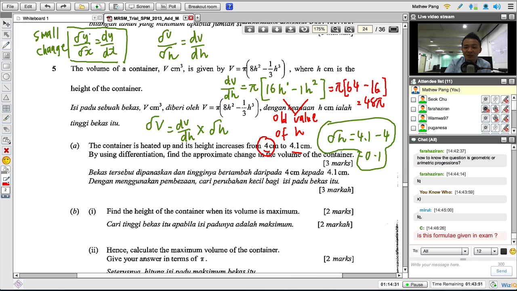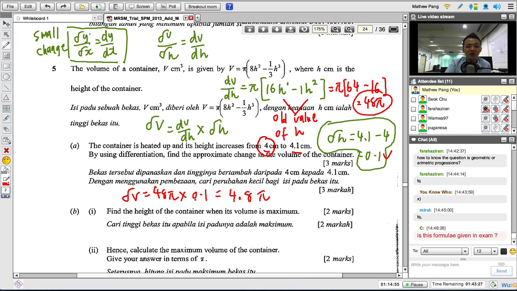After I got this ready, and I got this ready, I can substitute into this formula. Change of v is dv/dh, which is 48 pi, multiplied by 0.1. 48 multiplied by 0.1 is 4.8, so this is 4.8 pi.